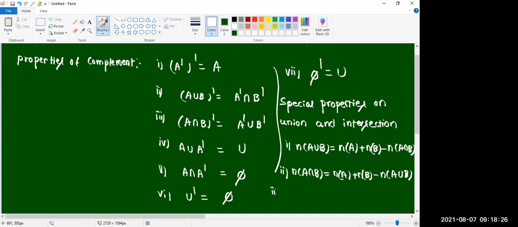Third one, which I already gave: n of A minus B equal to n of A minus n of A intersection B. Write it down, please.